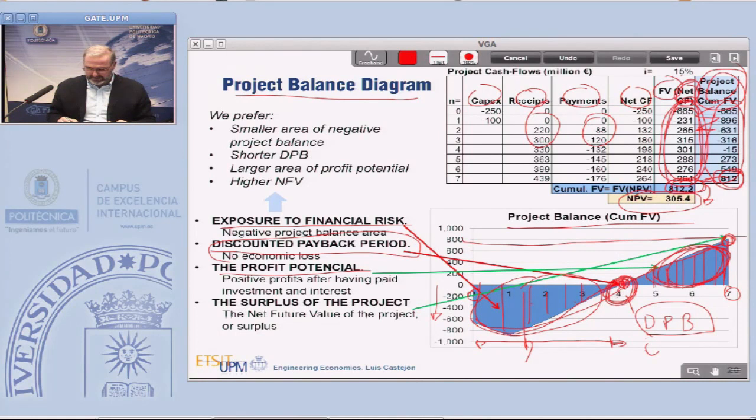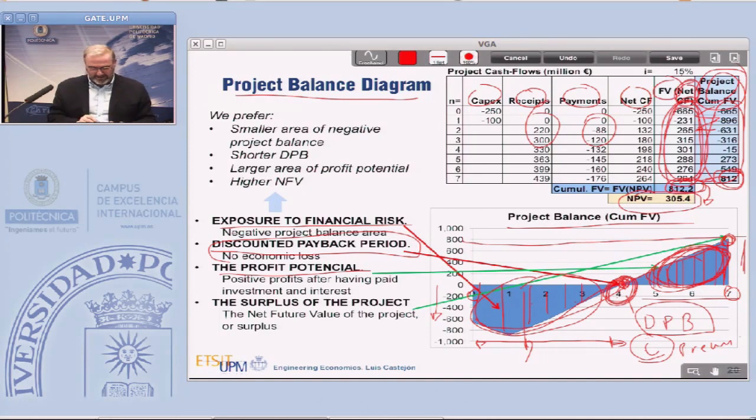And any future cash flows that come after the discounted payback period are a premium you are receiving for investing in this project, a premium over the interest rate. So those cash flows, that profit potential, can be very high.